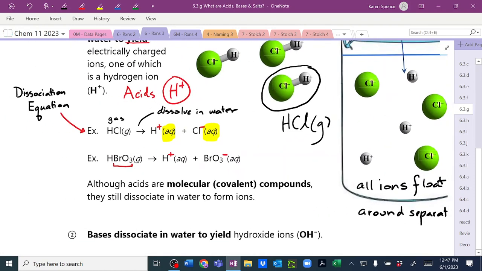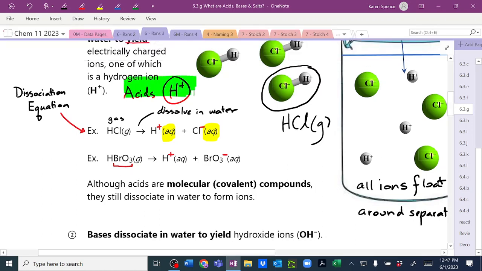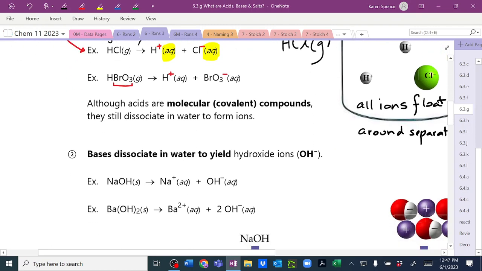And remember, we had the acids, which produce H+. What do bases produce in solution? They don't produce H+, they produce OH-. So we have our bases, we get OH-.